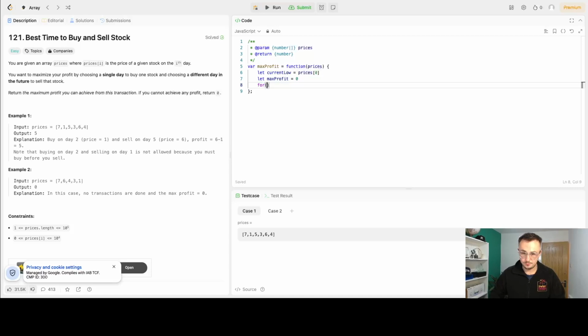Then for loop over each of the prices, let i equal 0, i is less than prices.length, and i plus plus.